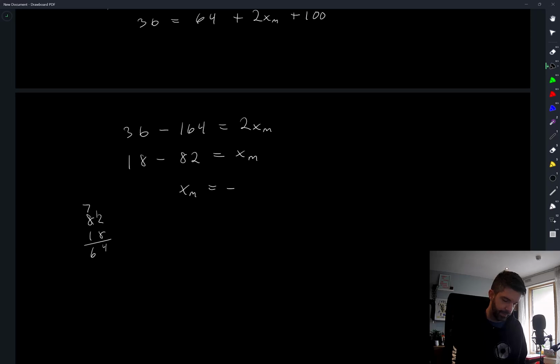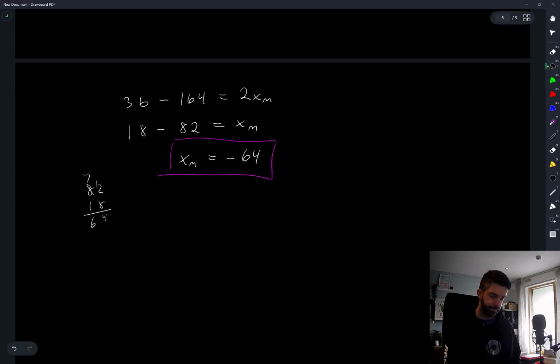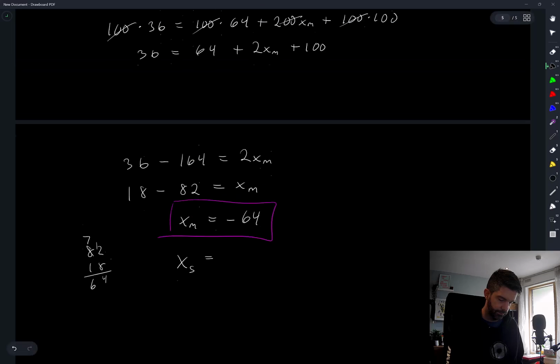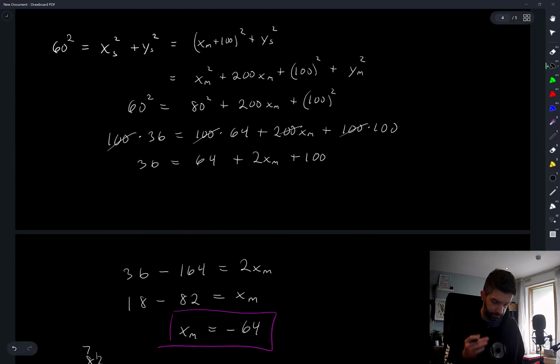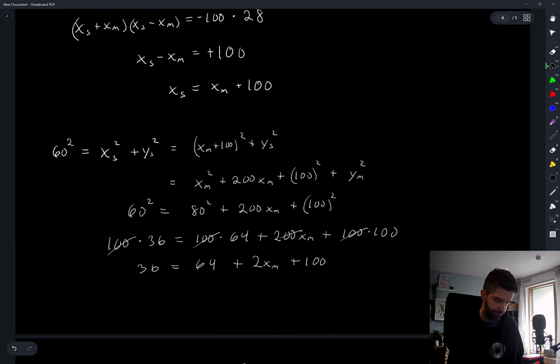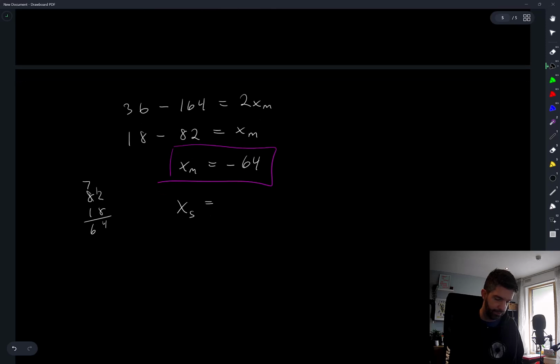Xm is equal to negative 64. Finally. Okay. So this says that xs, where are we? Xs is that plus 100. 36.